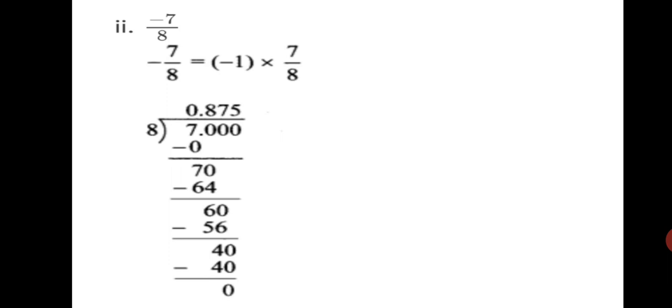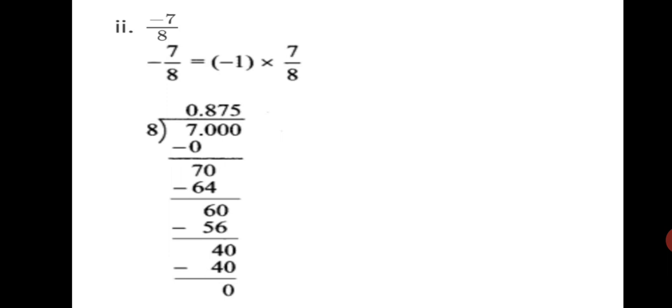We cannot divide 7 by 8, so we take a 0 first. 8 zeros are 0. 7 comes down. Now you are going to take a 0 down along with 7. Before taking that 0 down, you can see a decimal point in the dividend, so in the quotient also, next to 0 you have to put a decimal point.